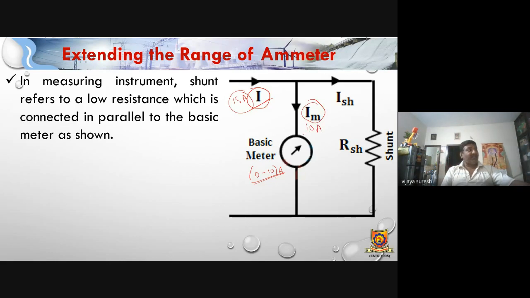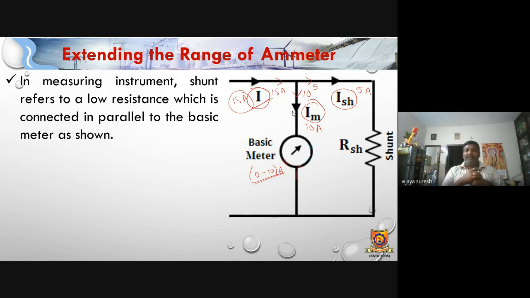So what is the excess current? 5 amps. So the total 15 amps can be divided into 5 and 10. Observe these arrows. The total 15 amps of current is splitting in a parallel path.